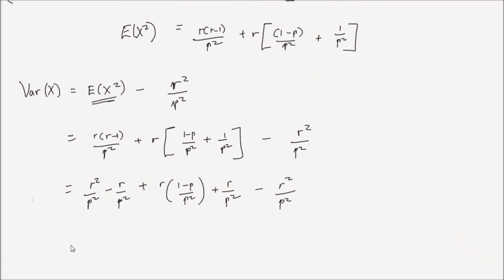Okay, so we have terms canceling out. We have positive r squared over p squared canceling out with negative r squared over p squared. And also we have minus r divided by p squared canceling out with plus r divided by p squared. So we are left with r multiplied by 1 minus p divided by p squared. And that is the variance of a negative binomial random variable x.